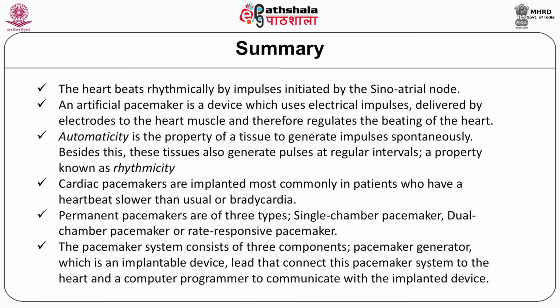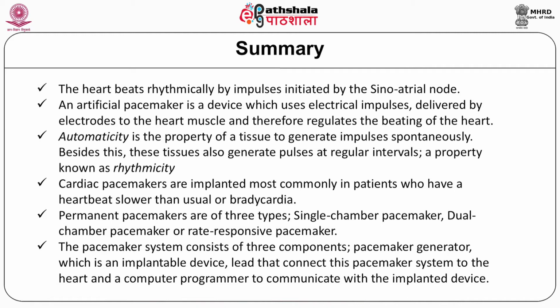The heart beats rhythmically by impulses initiated by the sinoatrial node. An artificial pacemaker is a device which uses electrical impulses delivered by electrodes to the heart muscle and therefore regulates the beating of the heart. Automaticity is the property of a tissue to generate impulses spontaneously.